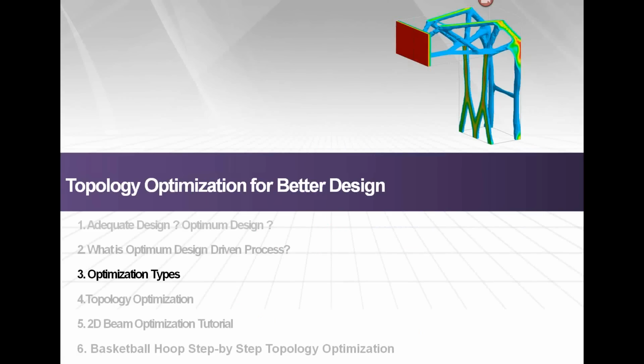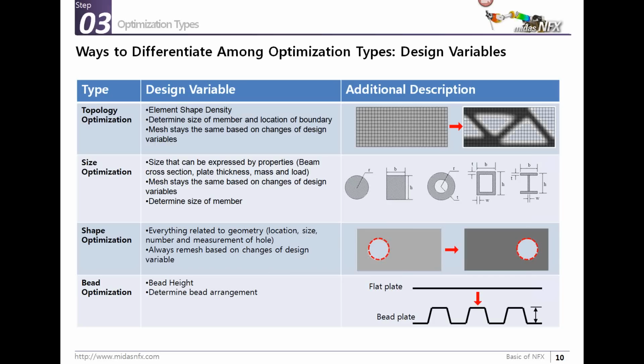Now, there are a lot of possibilities to optimize. It's not only one type of optimization. There are actually 4 types of optimization that exist. The first is called topology optimization, the one I will talk about today. In topology optimization, what is optimized is the element shape density.